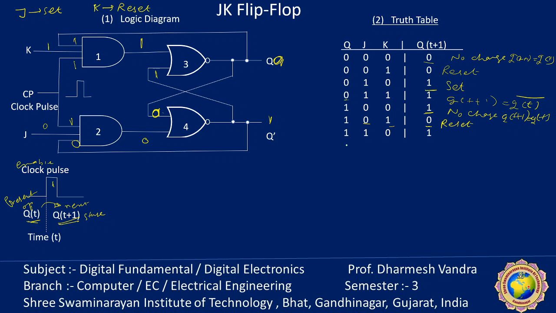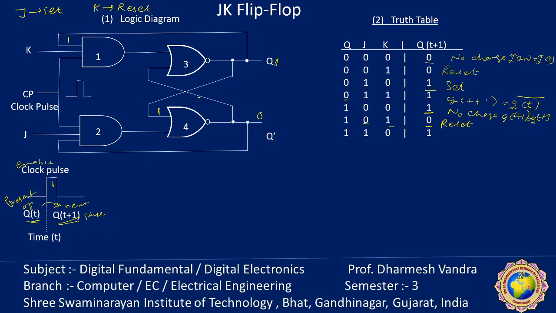Now J is equal to 1 and K equal to 0. Let me first clear all the previous conditions of the JK flip-flop. So in this condition J is equal to 1 and K equal to 0 while Qt is equal to 1. So this one will be reflected here.